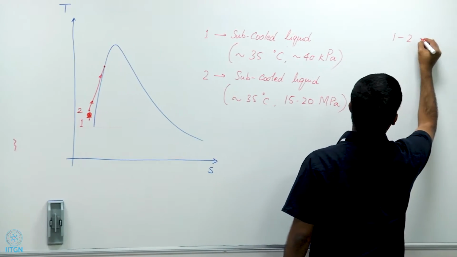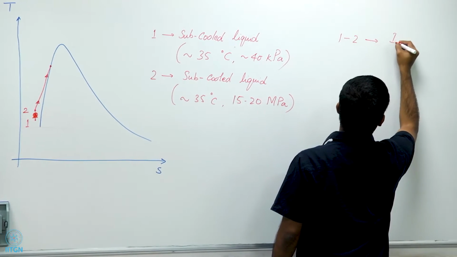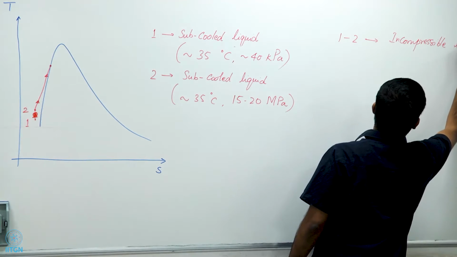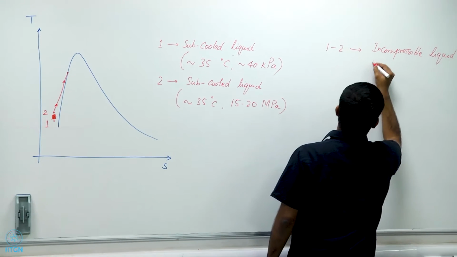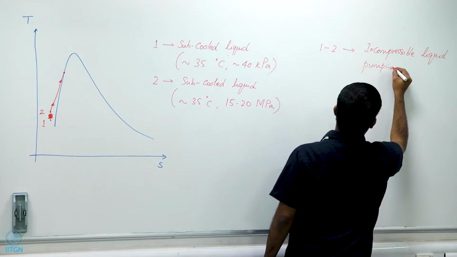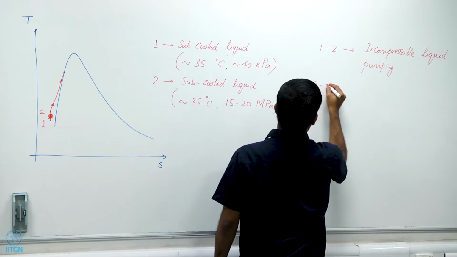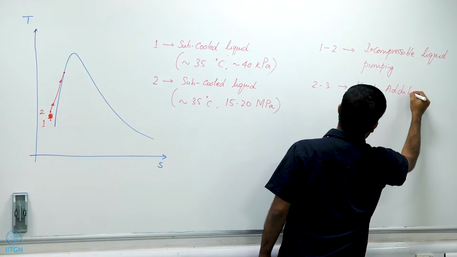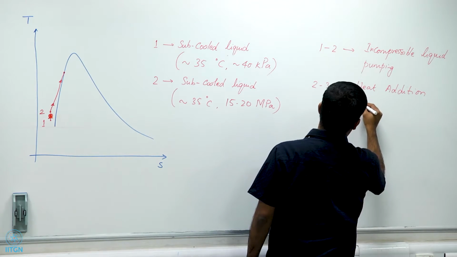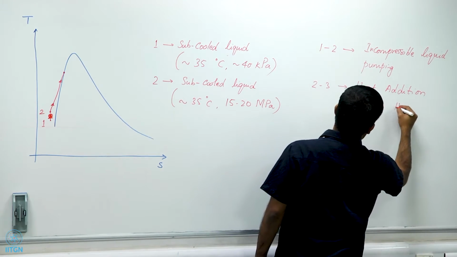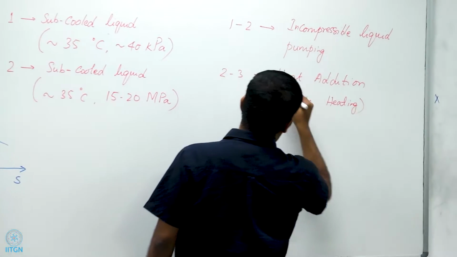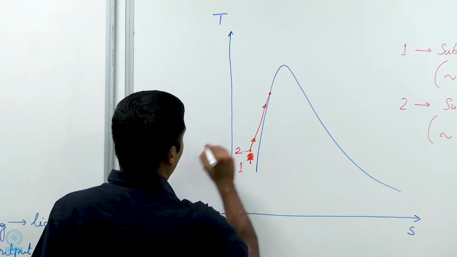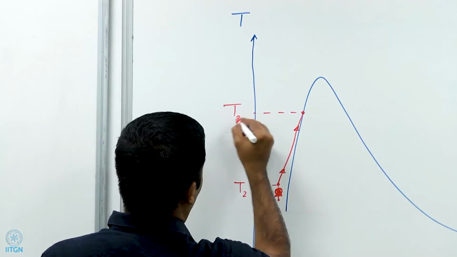So 1 to 2, and 2 to 3, heat addition accompanied by sensible heating. That is, the temperature of this fluid goes from T2 to T3 here, assuming this is state 3.